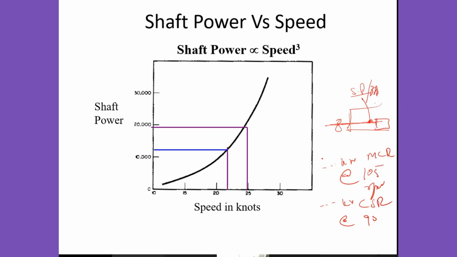This is what is given in your ship's particulars. Both of them represent the power which the engine is giving at the shaft. MCR represents the maximum continuous rating. That means the engine can be operated up to this value. This is the maximum power, continuous, that means without exceeding the safe limits. But CSR represents the continuous service rating, which is normally 85% of the MCR value.